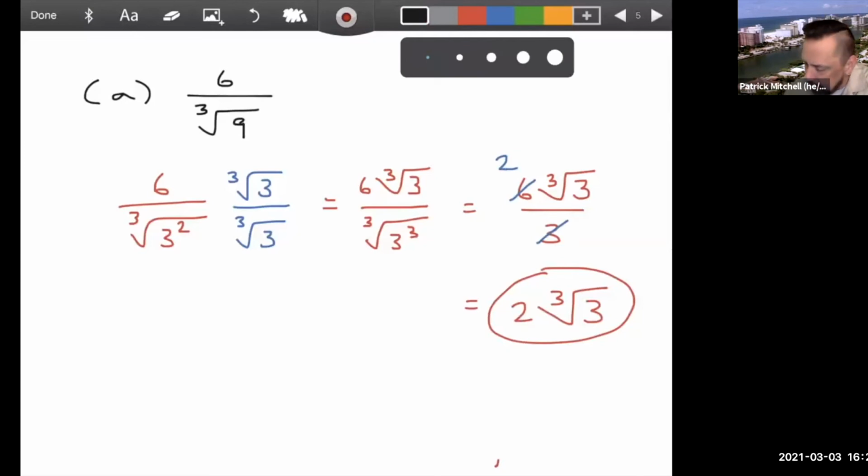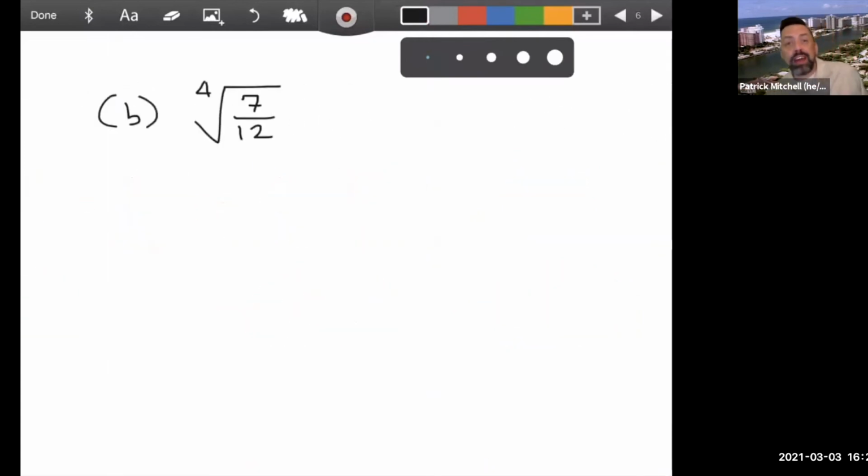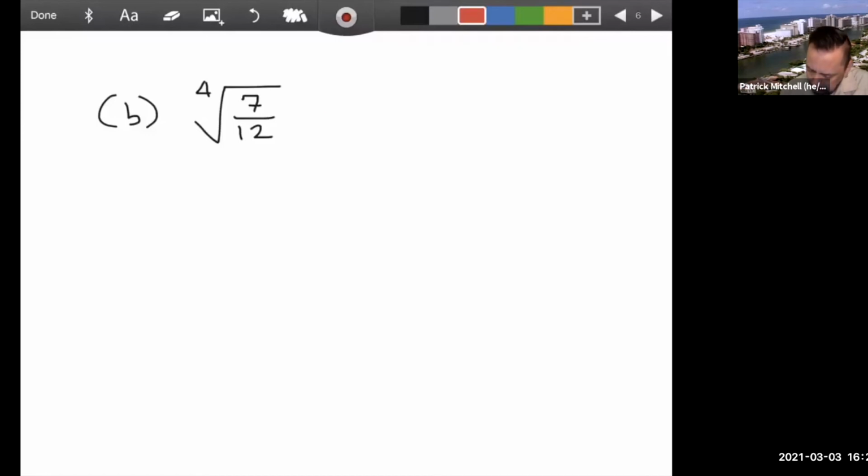All right, next we have a 4th root. So it's the same idea. In this case, we have the 4th root of 7 over 12. So as usual, I am going to start by using my quotient rule to rewrite that as the 4th root of 7 over the 4th root of 12.